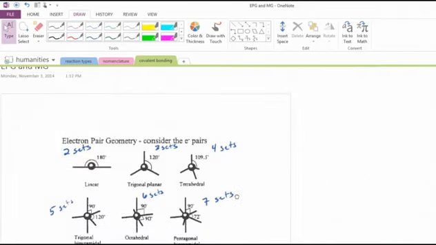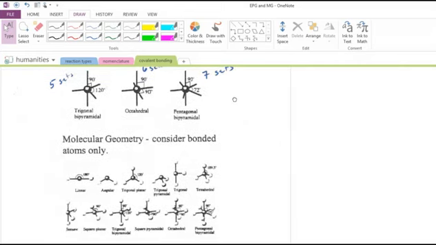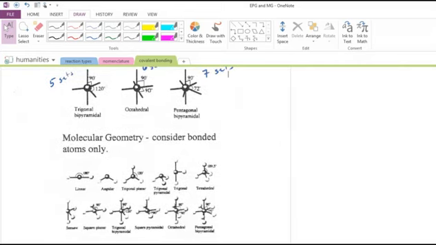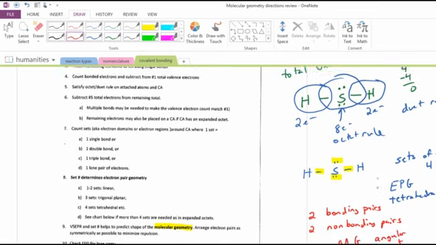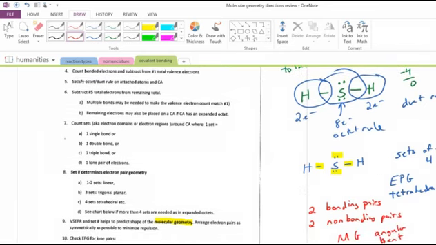So if we look at our molecular geometry, we only look at our bonded atoms, and we have two bonded atoms, and those two lone pairs is what would give us that angular shape. An angular, also called bent.